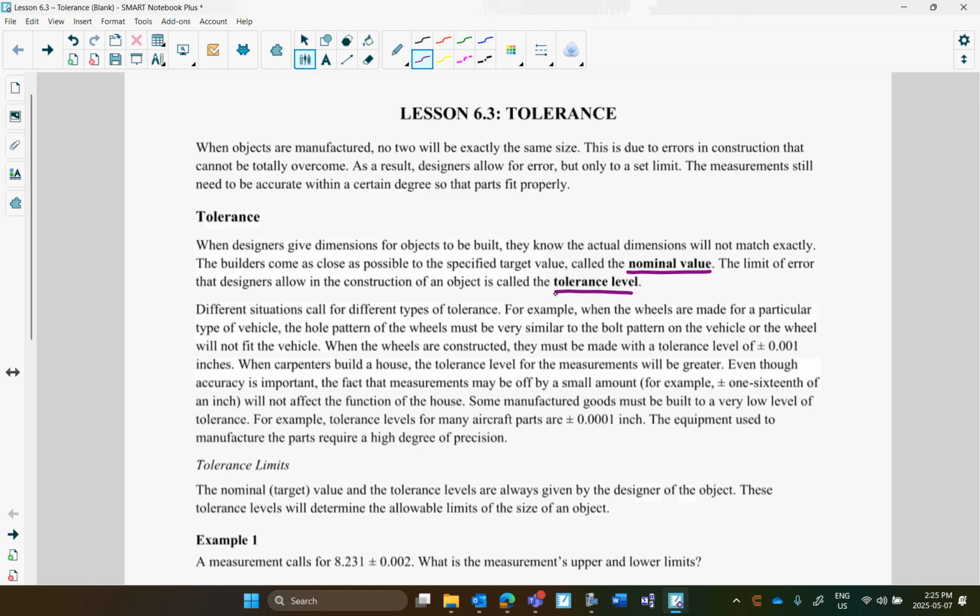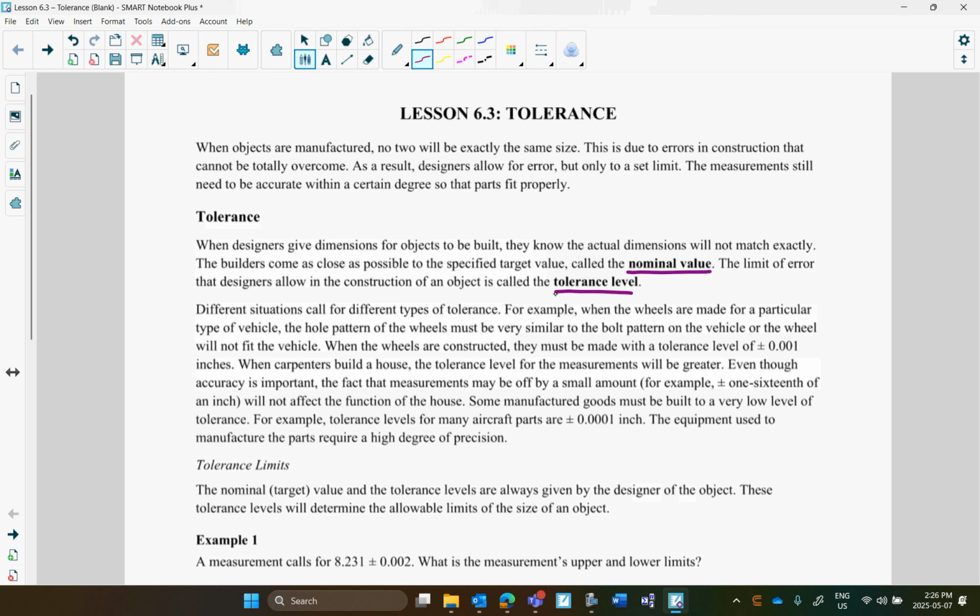And you want them to be fairly snug too, okay? So when these wheels are constructed, and even when the bolts are constructed that go on the vehicle, they have to be made within a certain tolerance level, okay? If it's outside that tolerance level, it's like, no, that's unacceptable. That's going to decrease the quality of the vehicle, okay? And we don't want that.